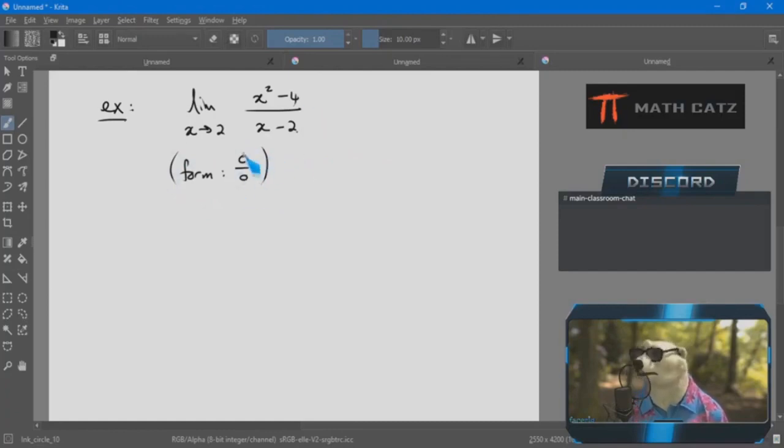So now, just like the infinity over infinity case, it's a matter of how fast these two are shrinking relative to each other. Do they balance each other out? Does one shrink faster than the other and dominate the fraction? I don't know. So the exact same situation is happening here, but now we're shrinking down to 0 instead of blowing up. So I can't say anything from 0 over 0.